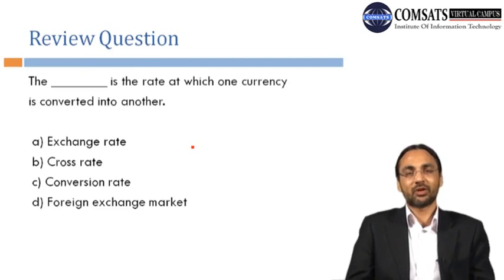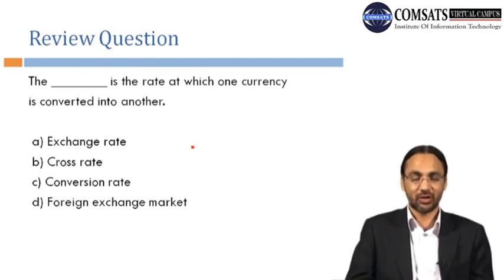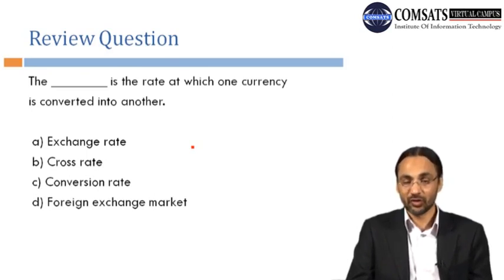Now, since we have done these two or three topics today, and the last lecture was also related to foreign exchange market, we can look at a few quick review questions. You can think about these questions and try to provide the answers.